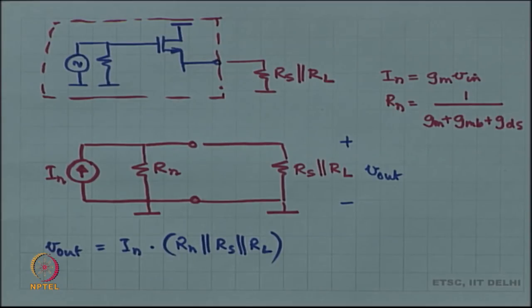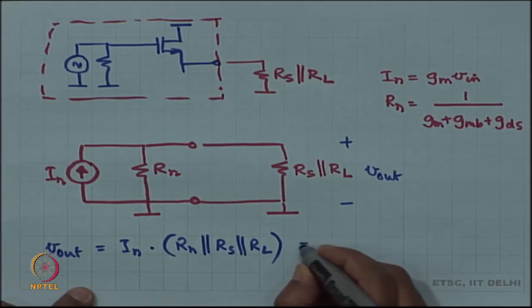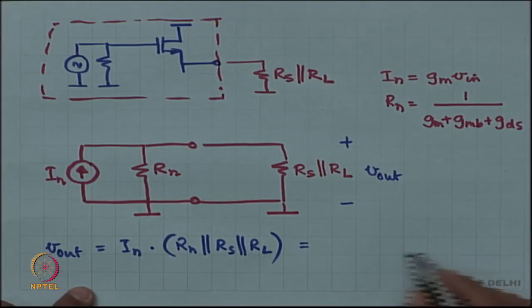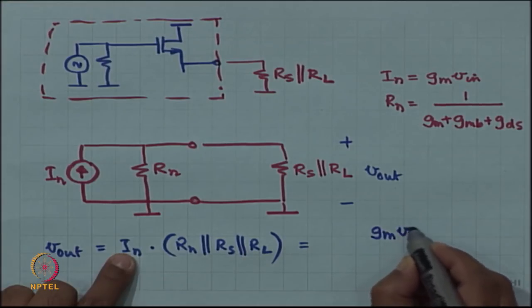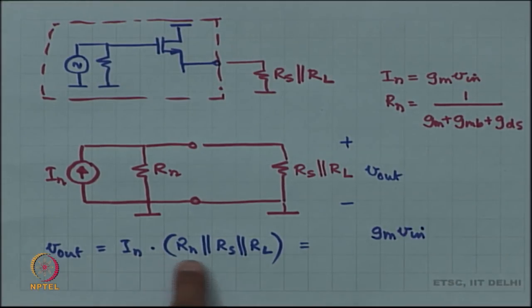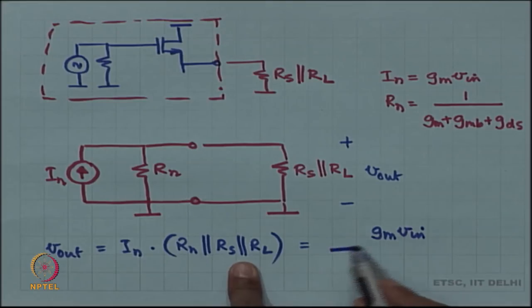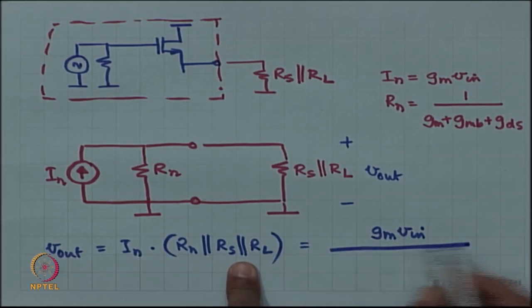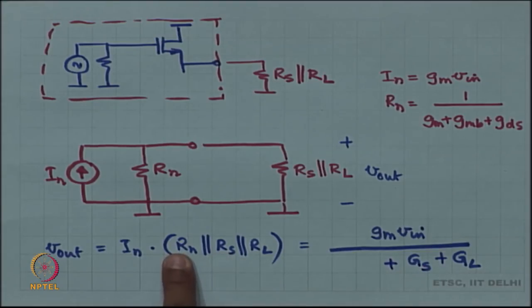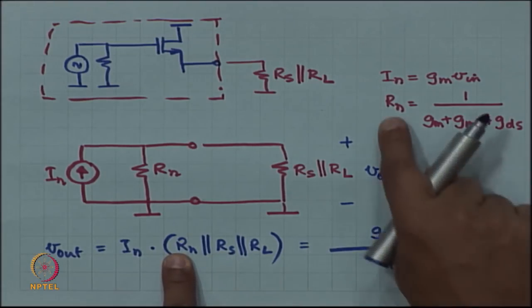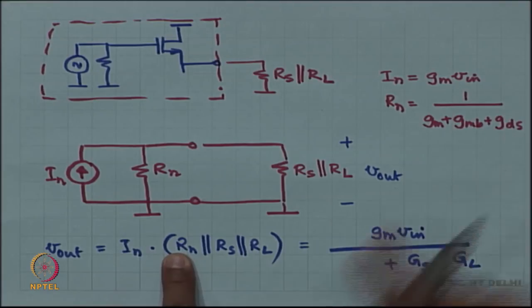Okay. And R n in parallel with R s in parallel with R L means 1 by, okay. So I n is G m V in, and R n parallel R s parallel R L is 1 by, R L becomes G L, R s becomes G s, and R n becomes G n. G n is nothing but so much.